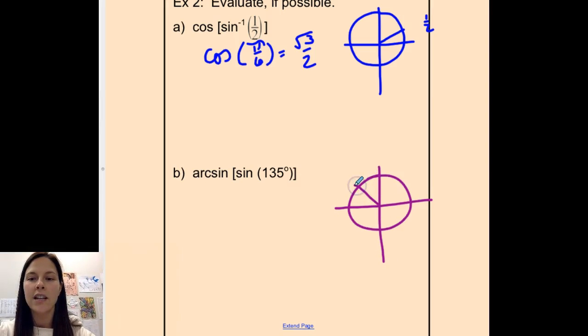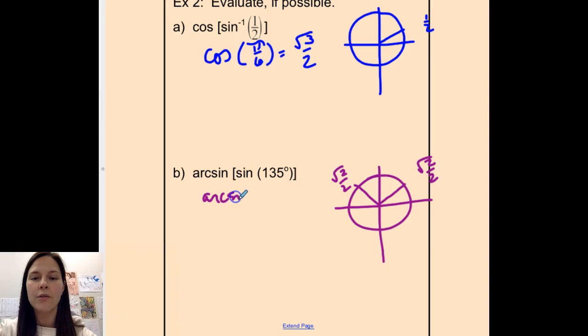Over here in our second quadrant, using that reference angle of 45 degrees, sine is √2/2. And in the second quadrant, sine is still positive √2/2. So we'll input that √2/2 into our arcsine function, which brings us back to where in the range of the arcsine function, which is from -90 degrees to +90 degrees, would that sine value be √2/2, and that happens at 45 degrees.